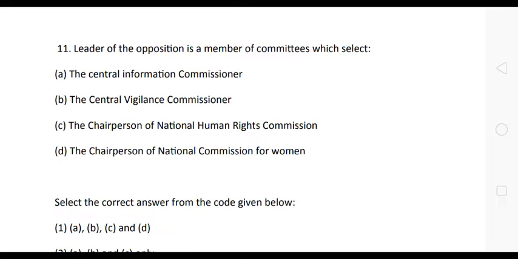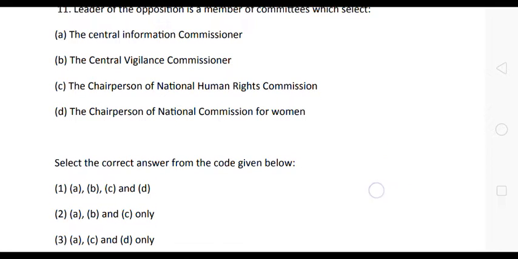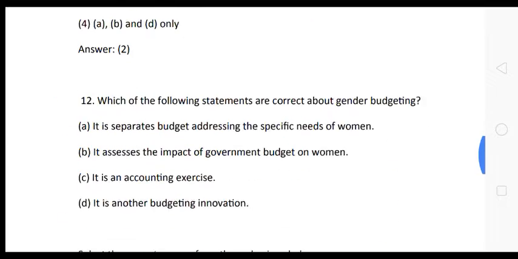These three, A, B, C, are the correct answer. So here option 2 is the correct answer. Okay, friends. Now let us see the next question.